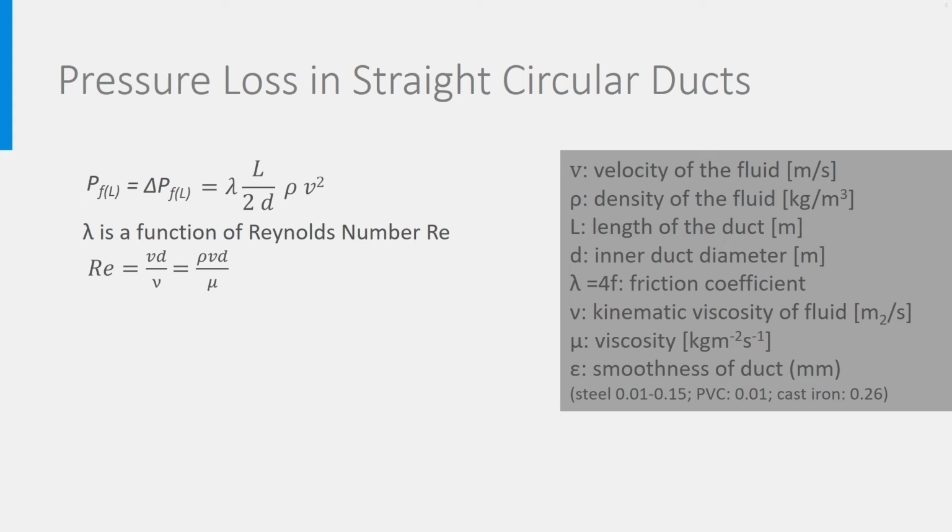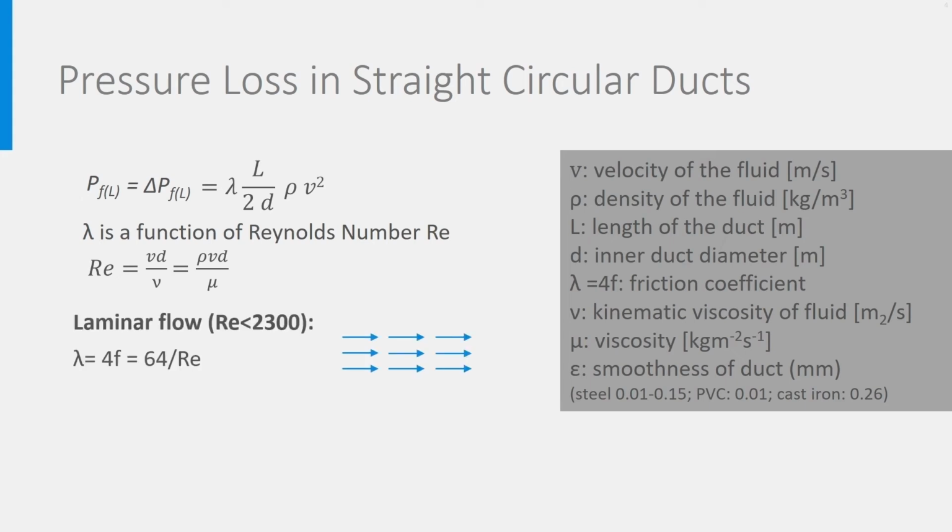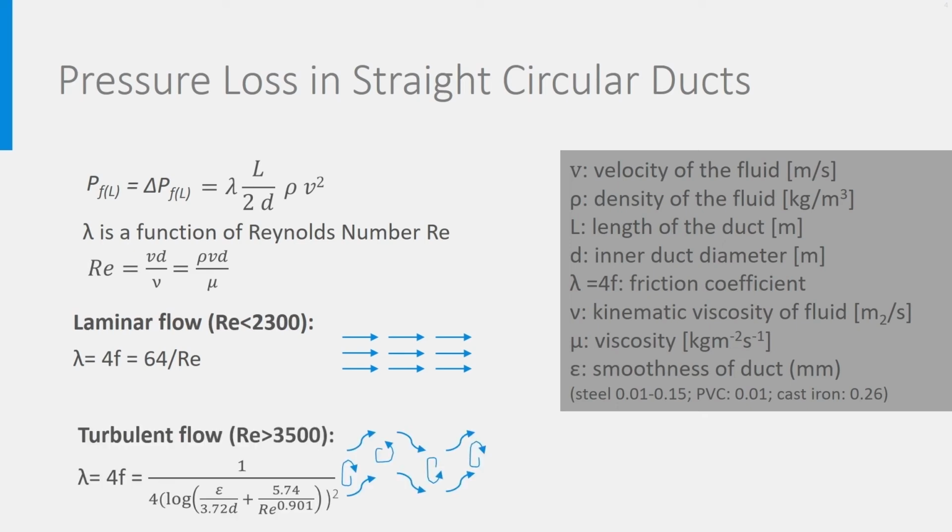When a flow is laminar, which is when the Reynolds number is smaller or equal to 2300, the friction coefficient equals 64 divided by the Reynolds number. When Reynolds is higher than 3500, the flow is fully turbulent, and the friction coefficient depends then also on the smoothness of the pipe, epsilon.